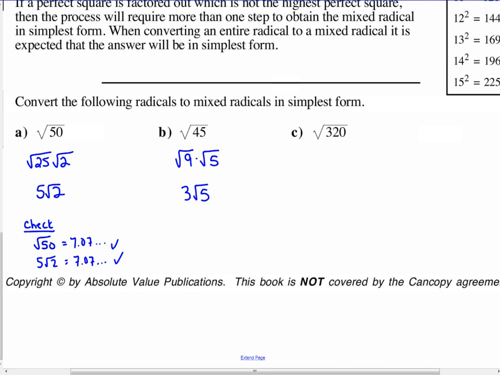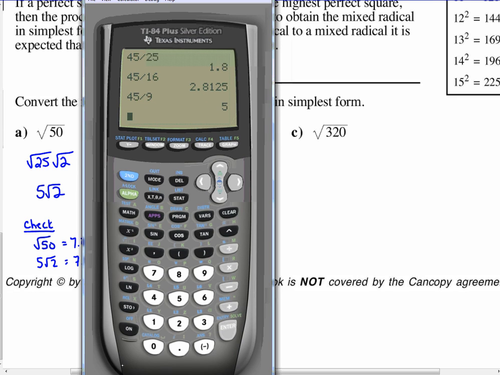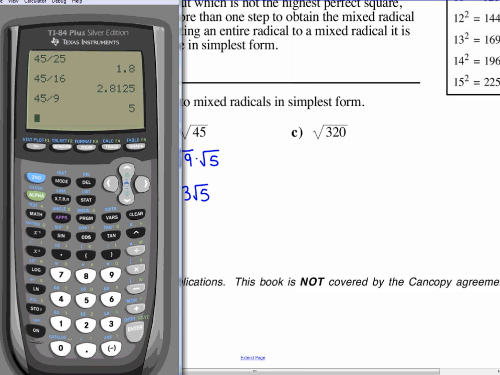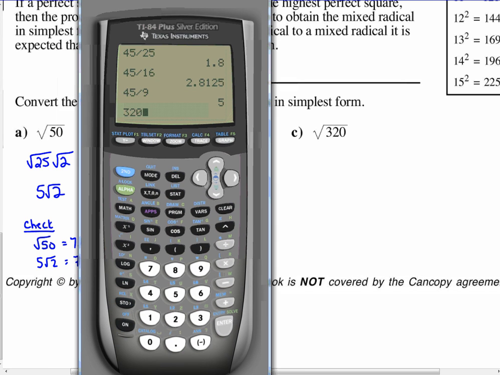320. Okay. So 320. Start at 144. Does it go in? Nope. 121? Nope. 100 won't, I can just skip that. 81?